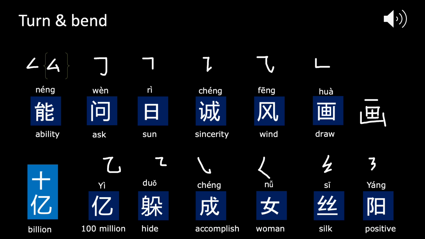Zhi, sun, 橙 sincerity, 风 wind, 画 draw, 亿 100 million, 躲 hide, 成 accomplish, 女 women, 丝 silk, 阳 positive.